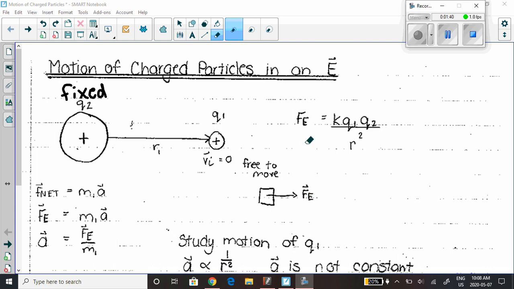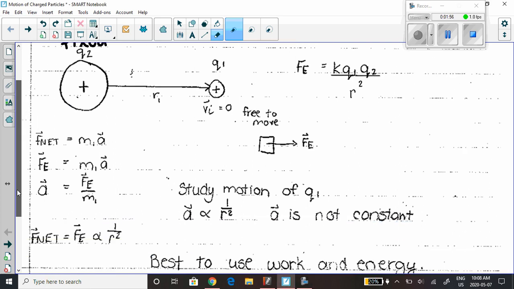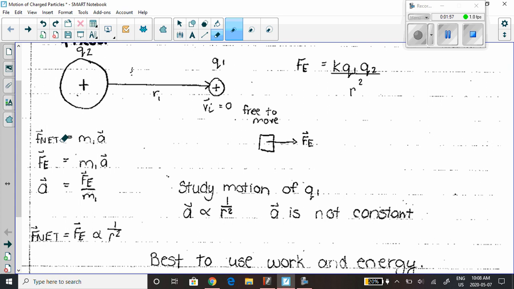And remember what the magnitude of this electric force is. It's equal to K Q1 Q2 all over how far apart they are, center to center, squared. That's the situation there. Well, let's try to look at this. As it's moving, what's the net force on mass 1?